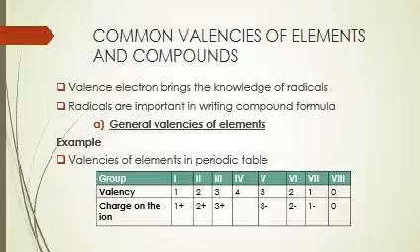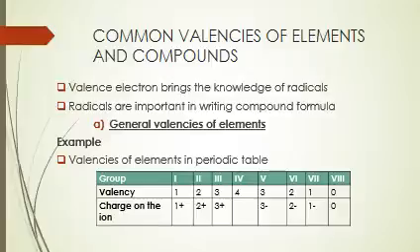From group 5 up to group 7, the number of electrons that an element needs to gain in order to attain the group 8 configuration is known as the valence.